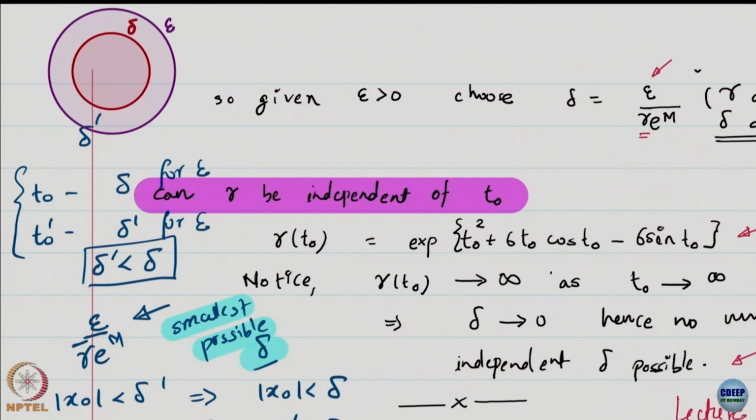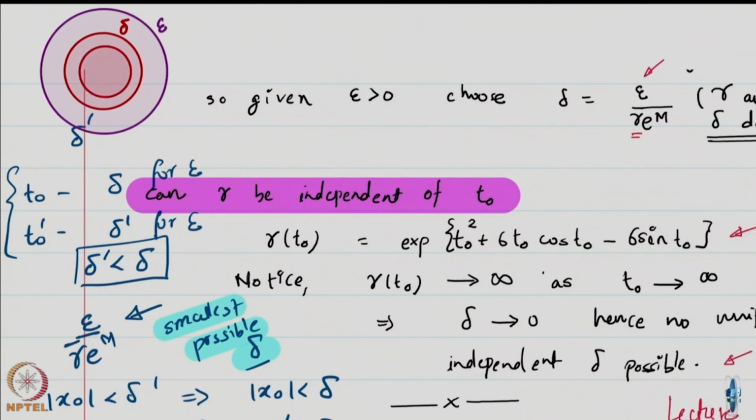Now, if I give you another initial time T0 prime, then I get a delta prime ball, right. Corresponding to different initial conditions, I get different delta balls.